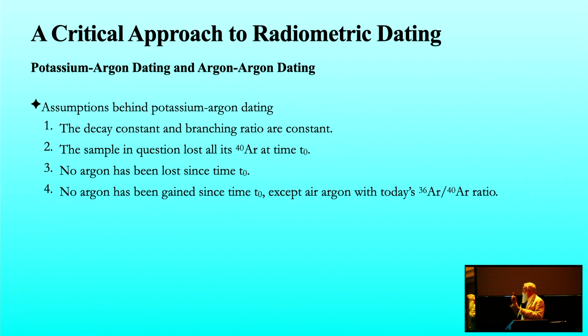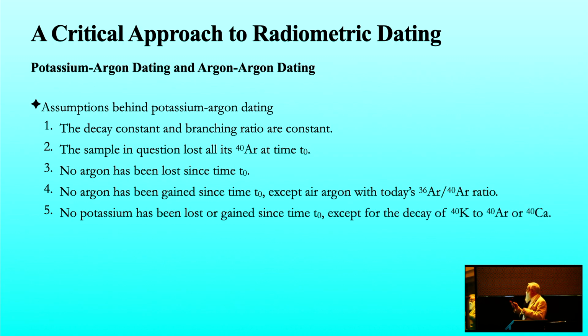No argon has been gained since time t0, except that it came with argon-36 so that we can get rid of it. Okay? No potassium has been lost or gained since time t0, except for the decay of potassium-40 to either argon-40 or calcium-40. And we've already taken care of that branching ratio. Okay, the ratio of potassium-40 to total potassium is constant at present.